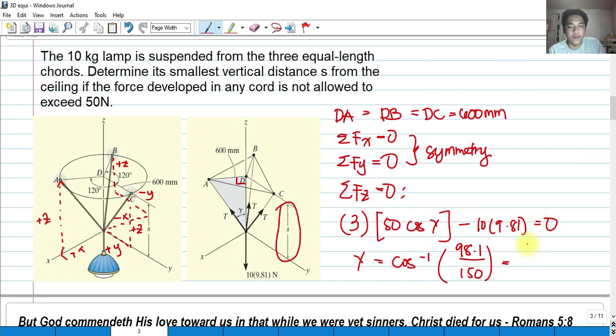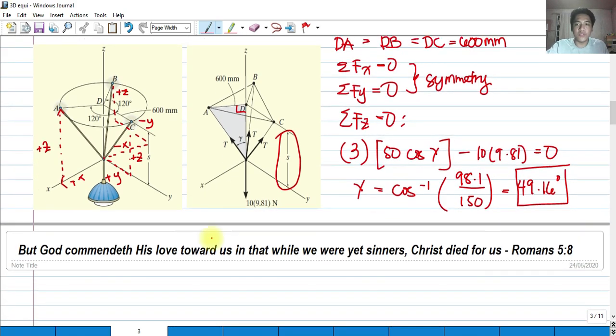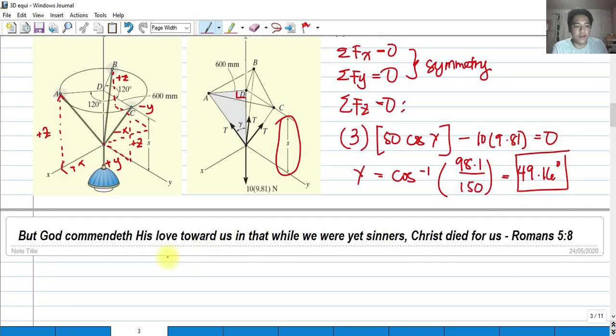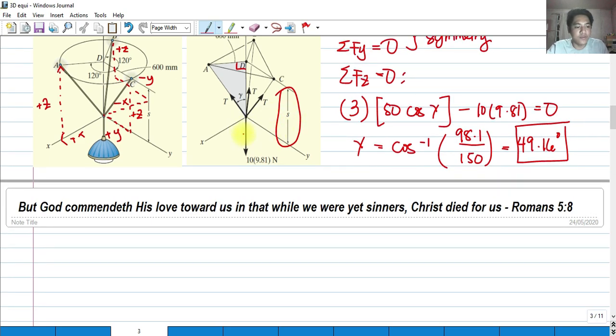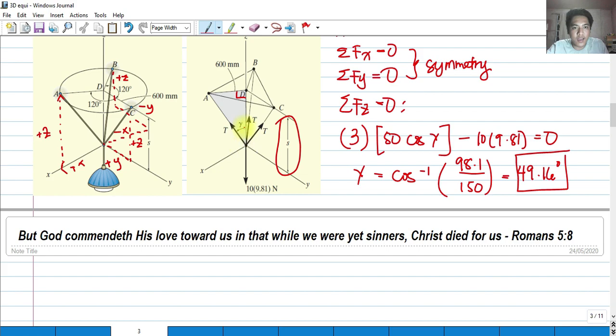So we have 49.16 degrees. If we know this angle, then from this triangle, take note that this side is equal to S, which is also the smallest vertical distance.